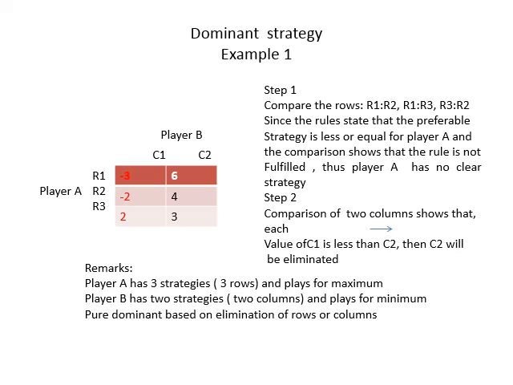Column C1 is less than column C2. The values of C1 are less than the values of C2. Then according to the rules, the biggest value should be eliminated. Then column C2 should be eliminated.